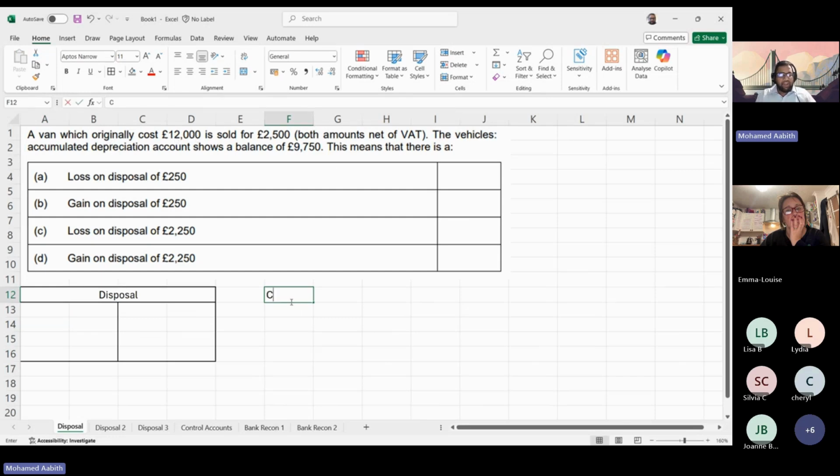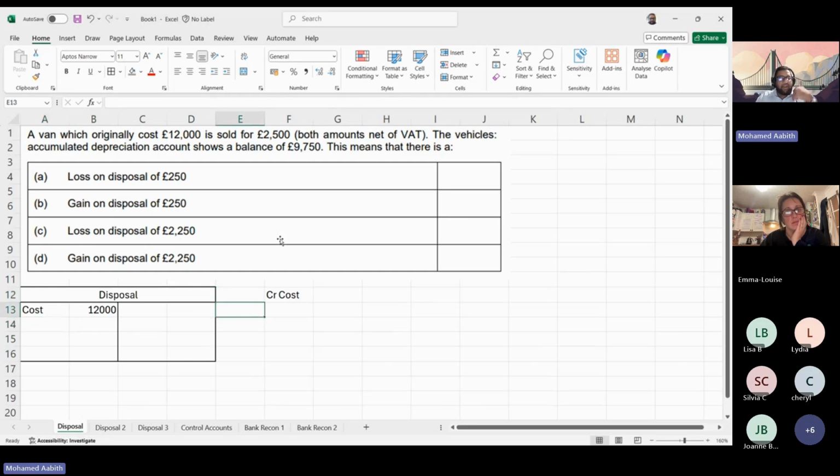So here we need to credit the cost account and debit the disposal account with the original value. This is the first scenario, the first entry.